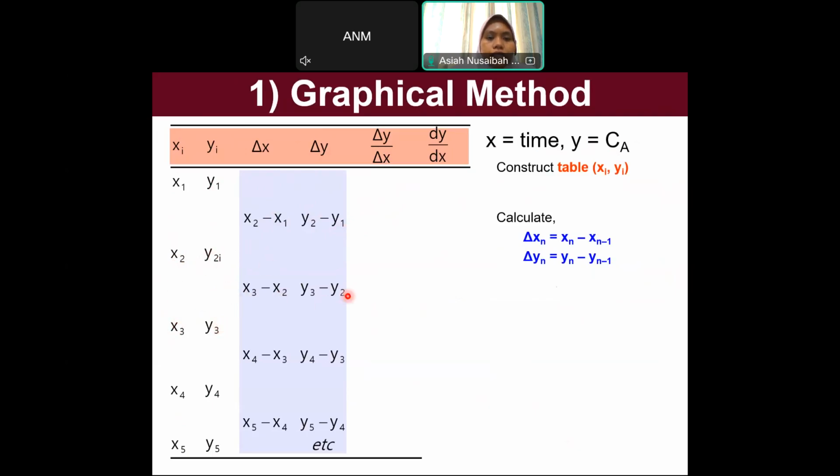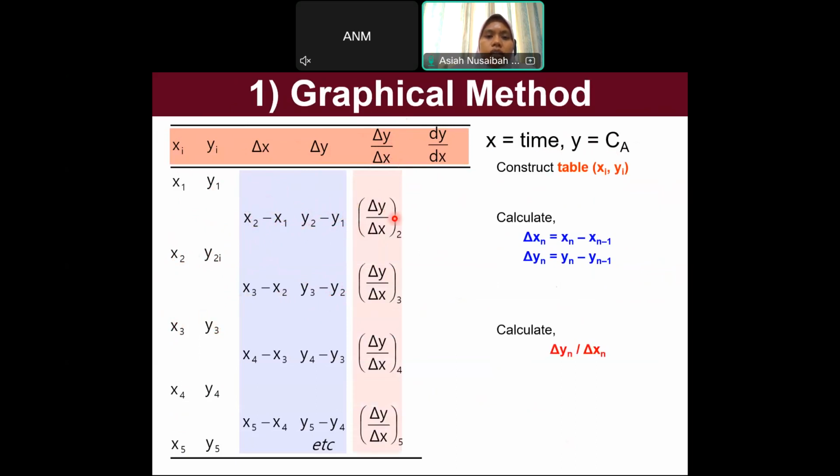Then we continue by finding the difference of y over the difference of x. The difference of y we get from y2 minus y1, and the difference of x we get from x2 minus x1 for the first row. So we can find the difference of y over the difference of x for each row. If we have 5 sets of data, there will be 4 differences.